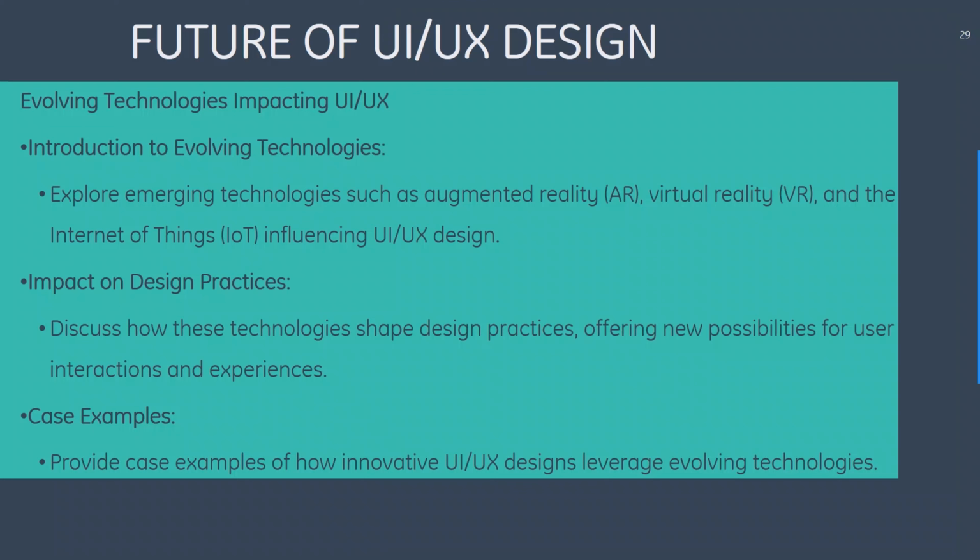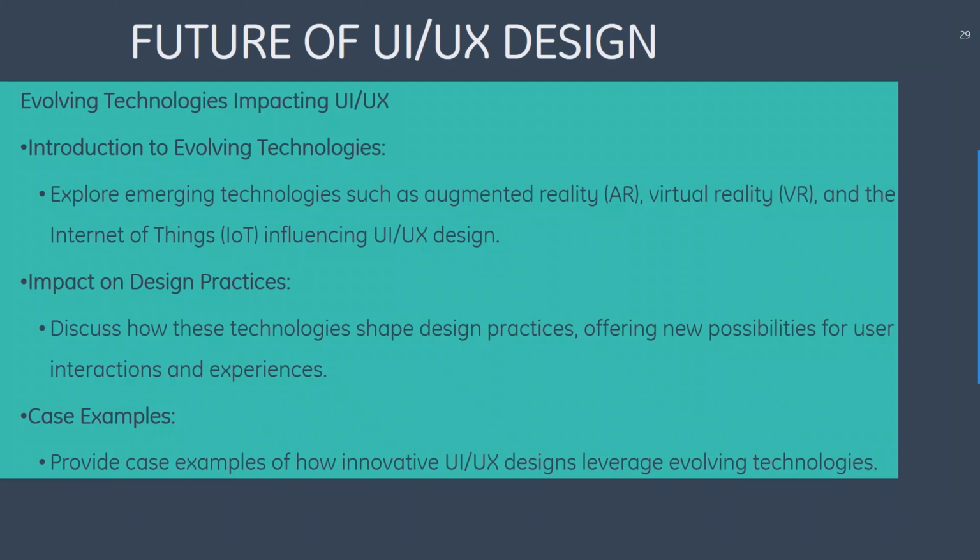Next, what is the future of UI and UX design, which is the most interesting part? Firstly, we have an introduction to evolving technology, exploring emerging technologies such as augmented reality, virtual reality, and Internet of Things, which is IoT, influencing UI or UX design. The second is impact on design practice.